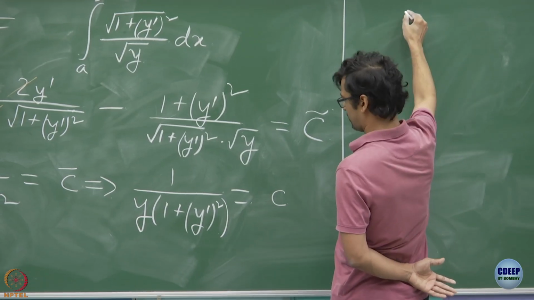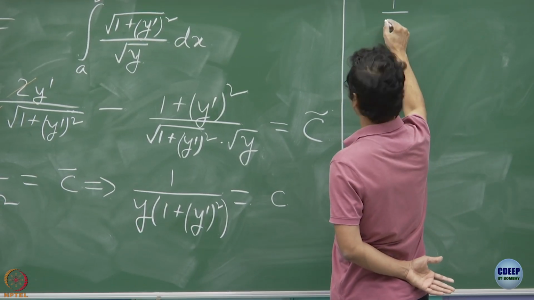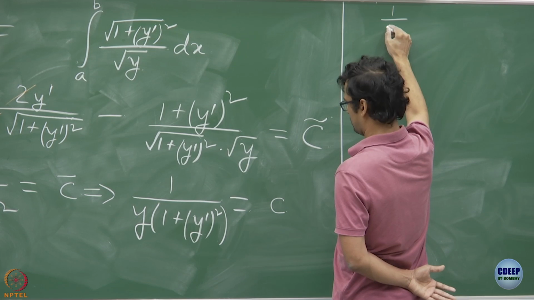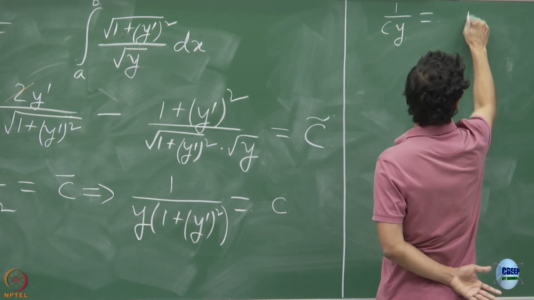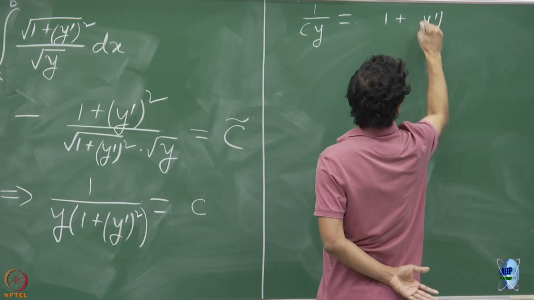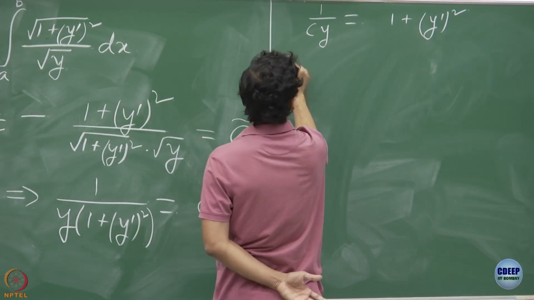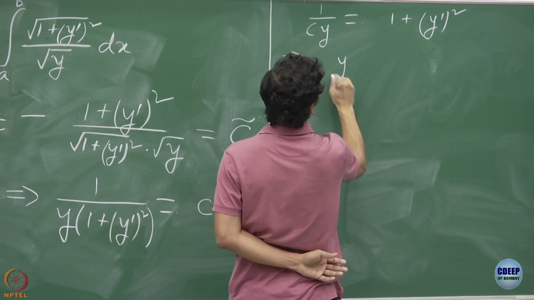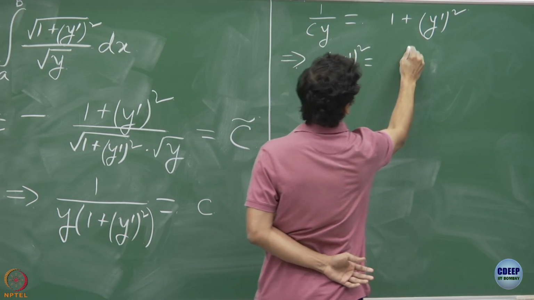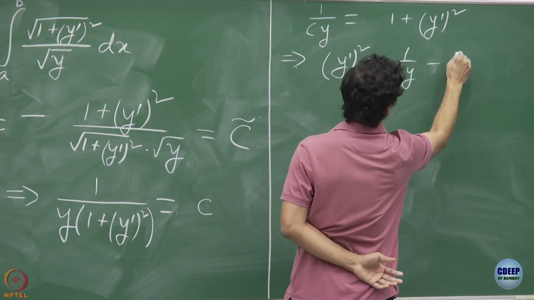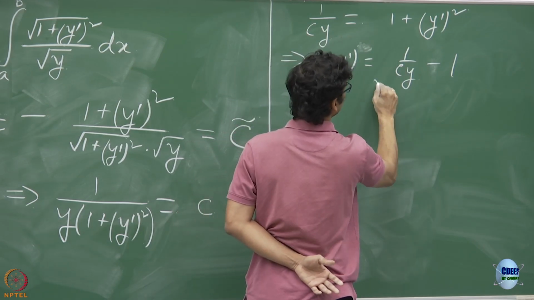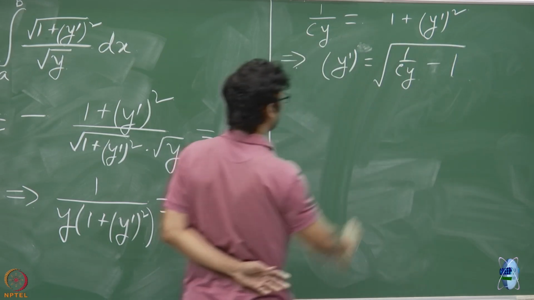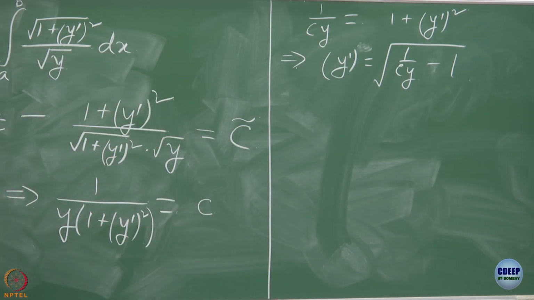So what do we have? 1 by Cy is equal to 1 plus y prime whole squared, whereupon we can just write y prime whole squared is equal to 1 by Cy minus 1. I'll just get rid of this here and put the square root back here. Is that all right?